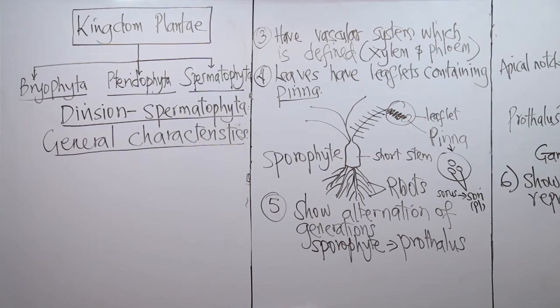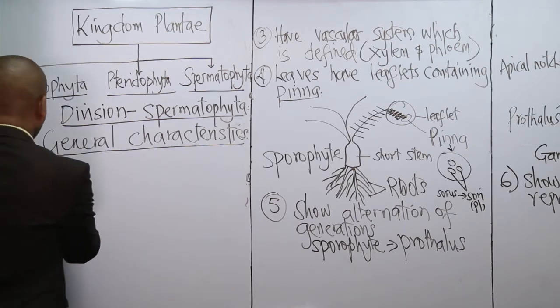So their plant body is divided into roots, stems, leaves, and seed-bearing structures, like that. They also show alternation of generations, as we are going to look at.